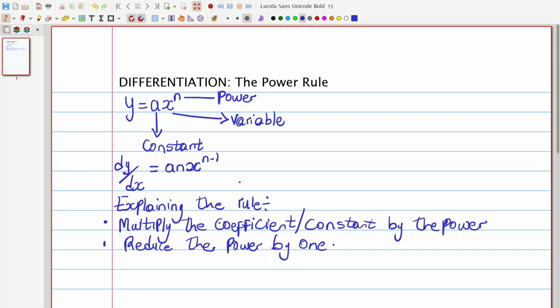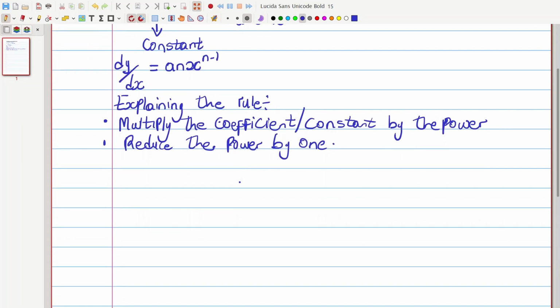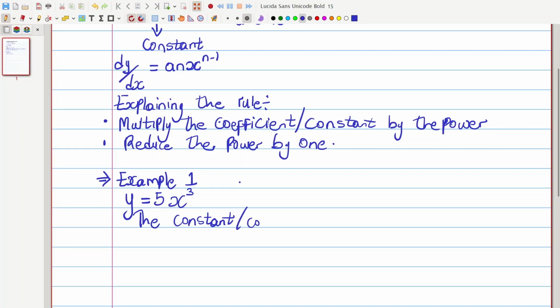So let's look at an example. Example 1. We are going to be differentiating y is equal to 5x raised to power 3. The coefficient, constant slash coefficient, is 5.